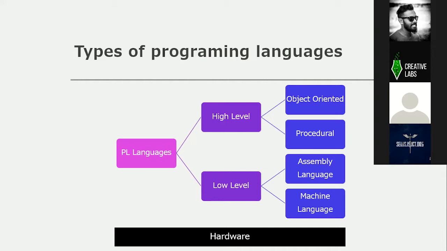The low level languages we can briefly divide into machine language and assembly languages, and the high level languages into object oriented and procedural languages.